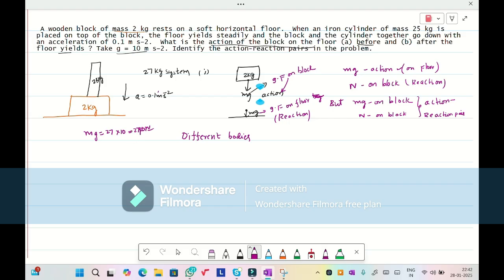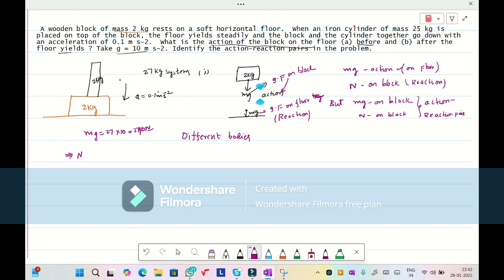So this is the gravitational force on the block, meaning the system. So the force on the floor is equal to, so that is the normal force on the blocks. So that implies reaction force or normal force.